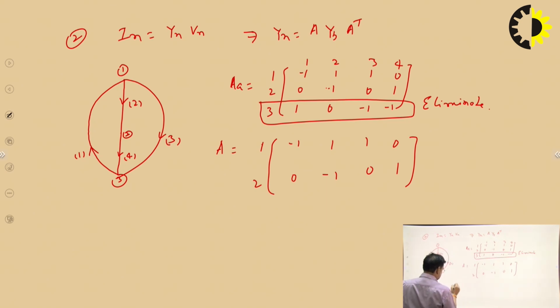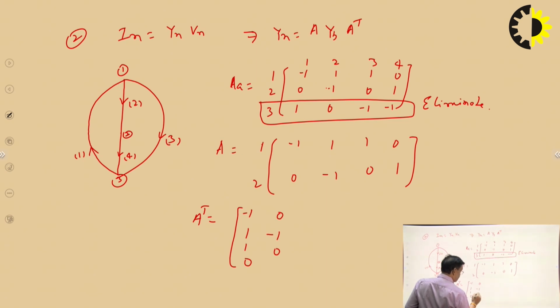Now take the A transpose. Minus 1, 1, 1, 0, 0, minus 1, 0, 1. Okay. And YB we have calculated in the previous slide.